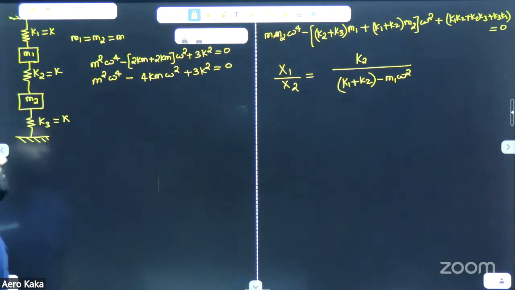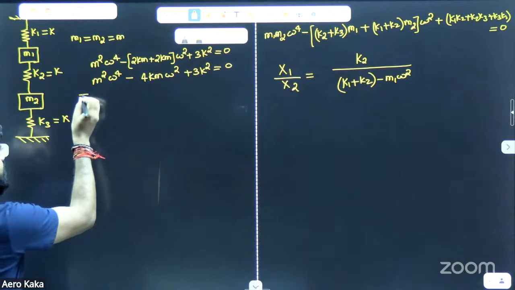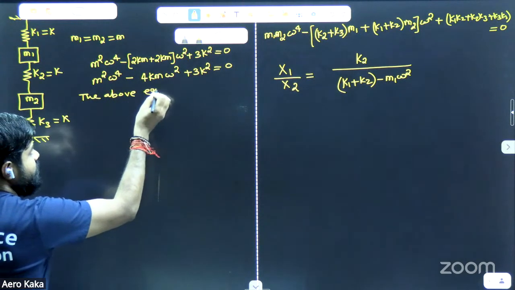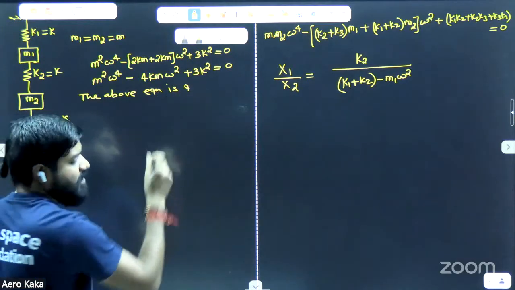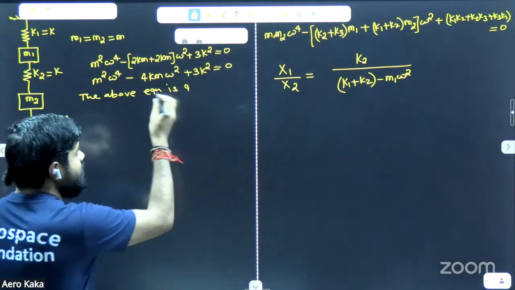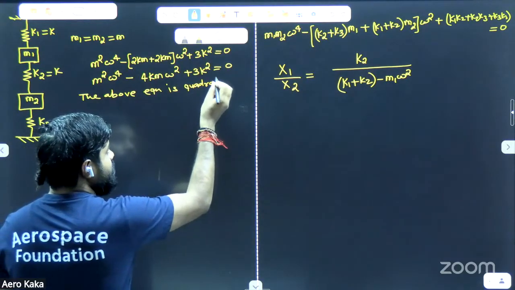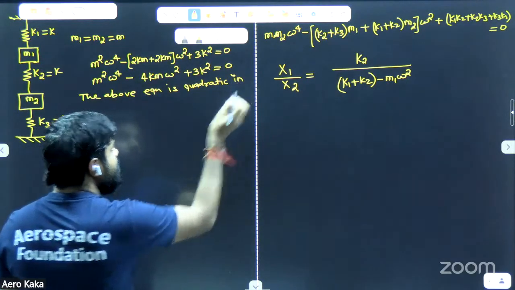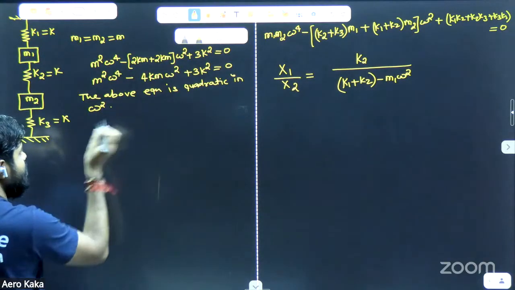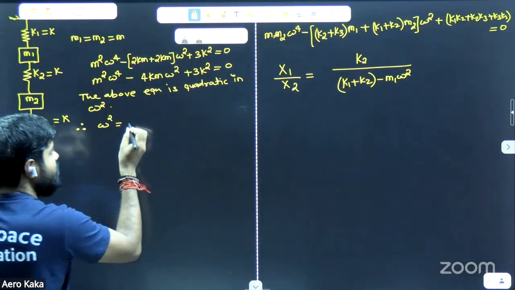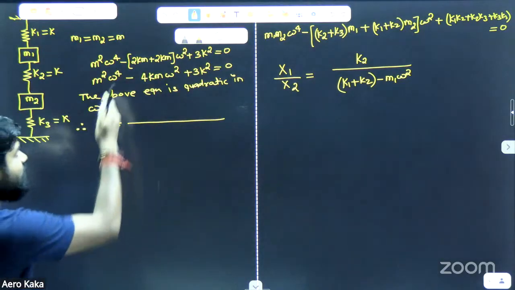Here you can write the above equation. The above equation I'm writing just for your understanding only, okay? The above equation is quadratic in omega square. Therefore, directly we are getting the value of omega square is equal to how much? Simply you can write minus b.